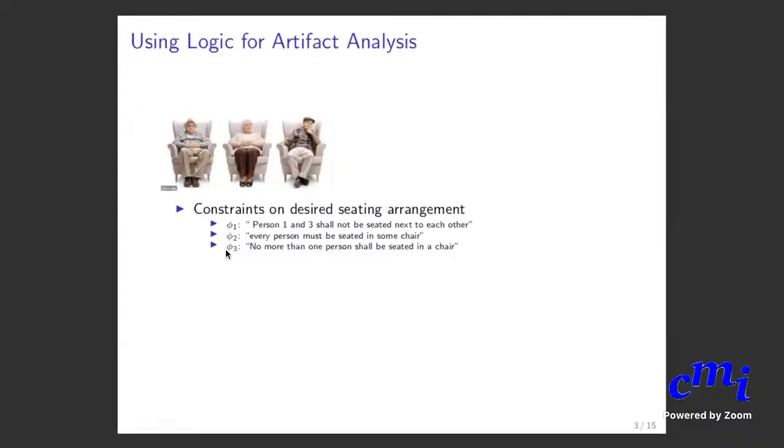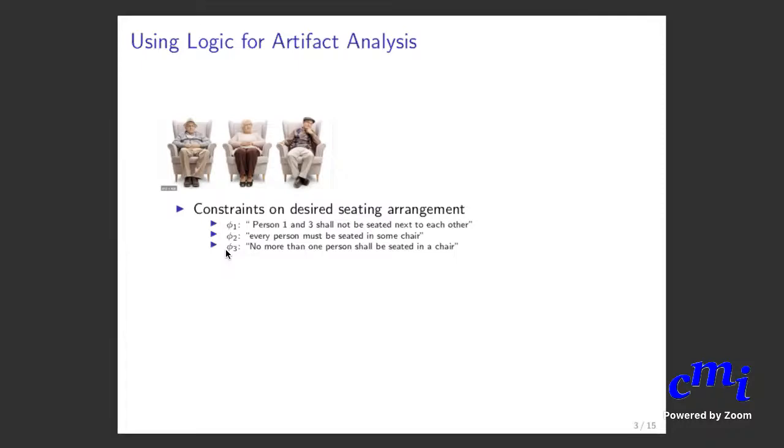The problem is to come up with a seating arrangement for seating these 3 people on these chairs such that a set of constraints are satisfied. Propositional logic can be used to model these kinds of constraints.